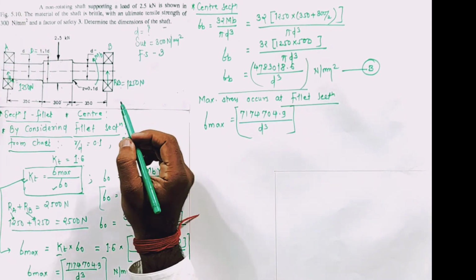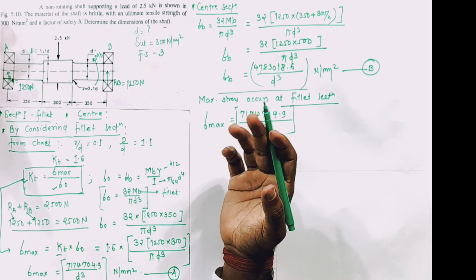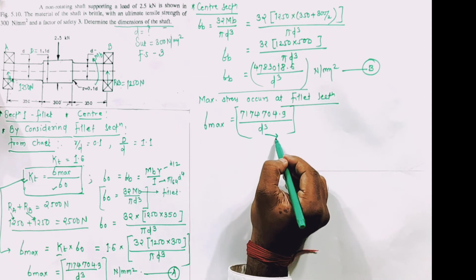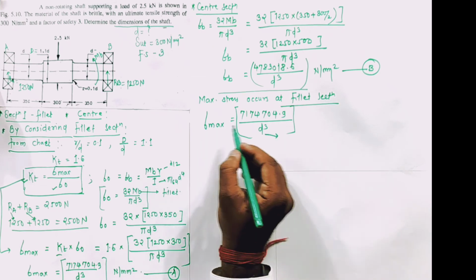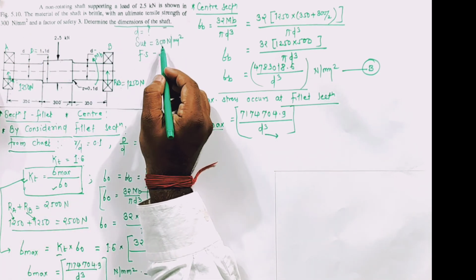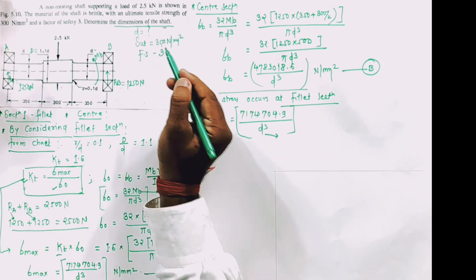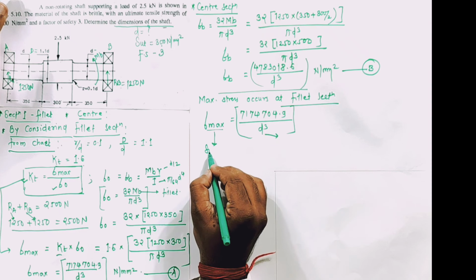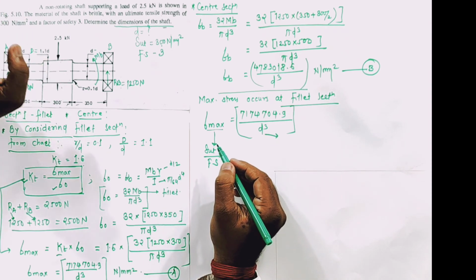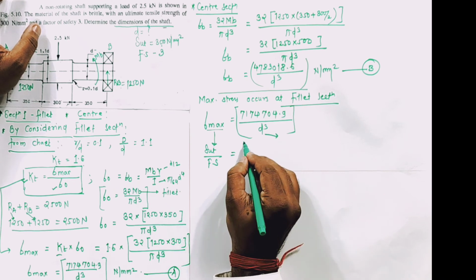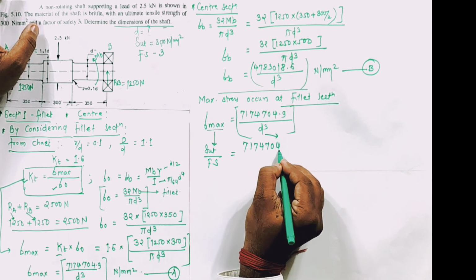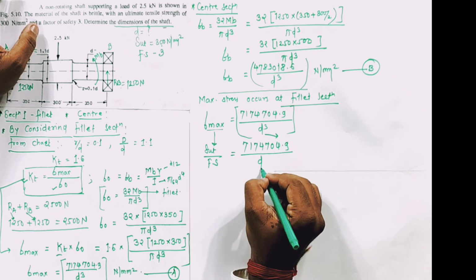Now there is a question: what is sigma max? Because they have asked to calculate the dimension of the shaft, meaning I want d. So for d I must know sigma max. Sigma max is nothing but, for that condition, SUT and factor of safety they have given. So this will be SUT by factor of safety, the permissible stress, the induced stress of the respective component, is equal to 7174704.9 divided by d cube.